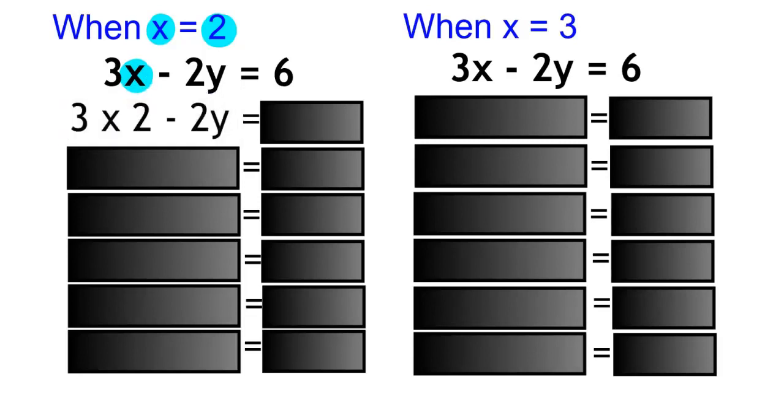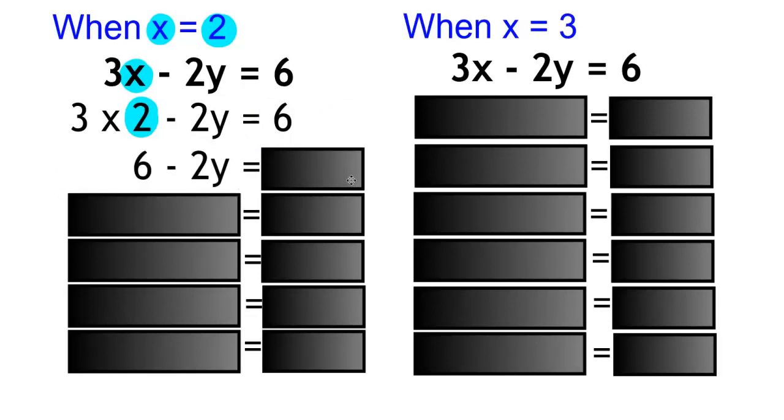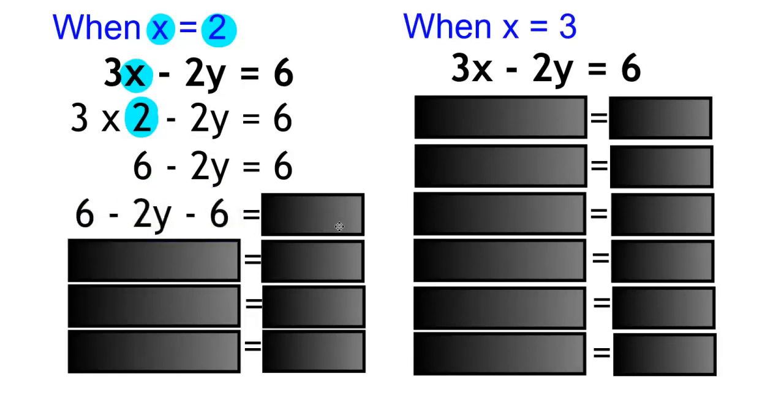So this will be 3 times 2 minus 2y is equal to 6. 3 times 2 is 6. 6 minus 2y equals 6. Remove the 6 from the left-hand side of the equation by subtracting it, which means we subtract 6 from the right-hand side of the equation.